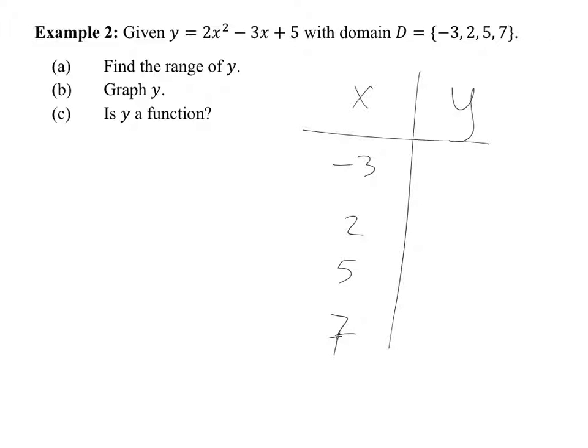So now when I press second and go to my table, I can ask the 4 values that I needed. I needed values of -3, enter, 2, enter, 5, enter, 7, enter. Check your answers. You should have gotten 32, 7, 40, and 82.